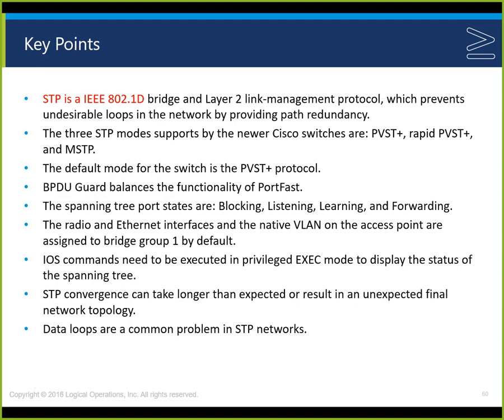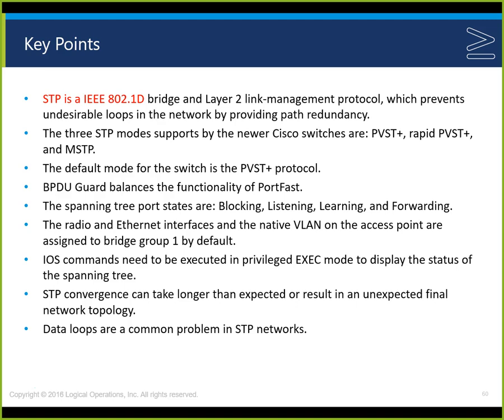The summary, and this one is one that you really probably do want to poke your eyes out after you get done with it, but Spanning Tree 802.1D, a Layer 2 link management protocol, prevents loops, so that prevents logical loops.